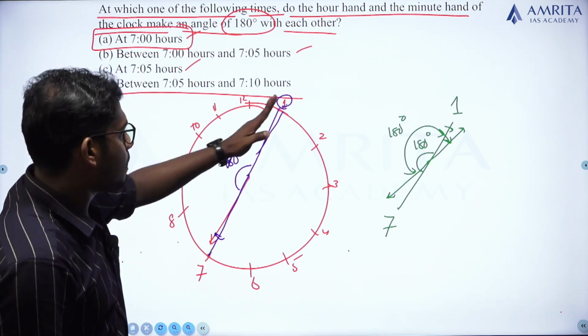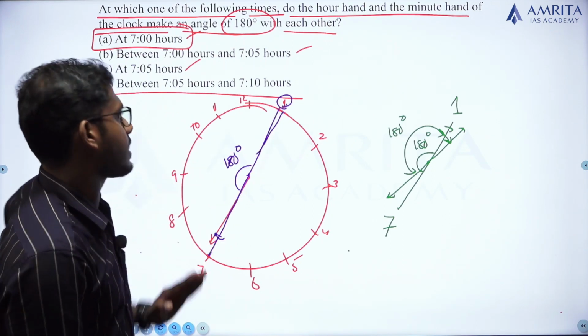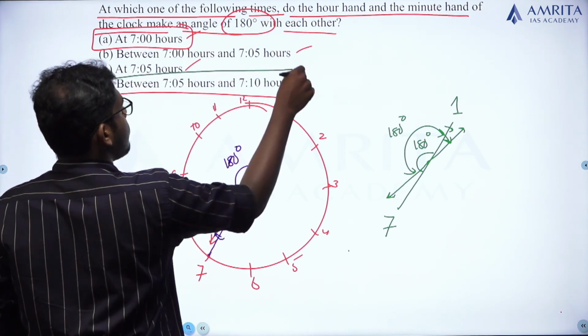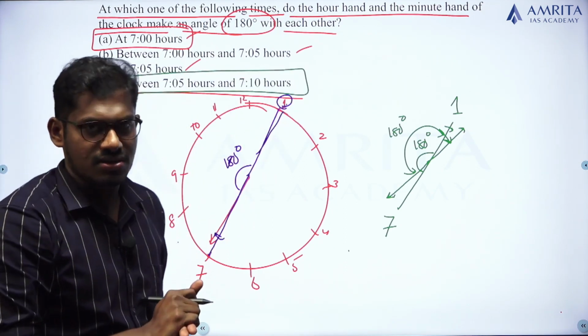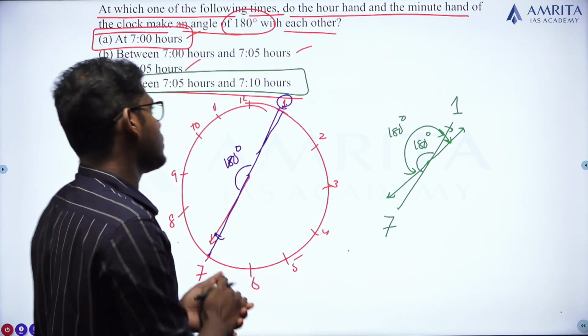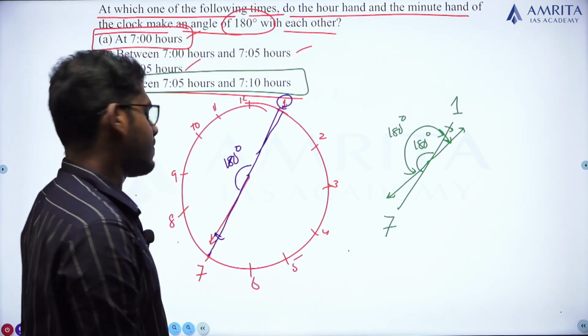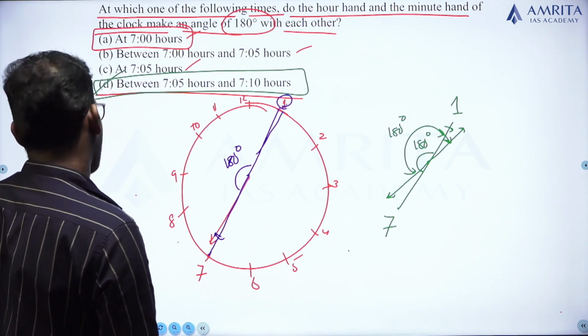So definitely the minute hand must move towards its right. So the time will be between 7:05 and 7:10 hours. Clear? So the answer for this question is option D, between 7:05 and 7:10 hours.